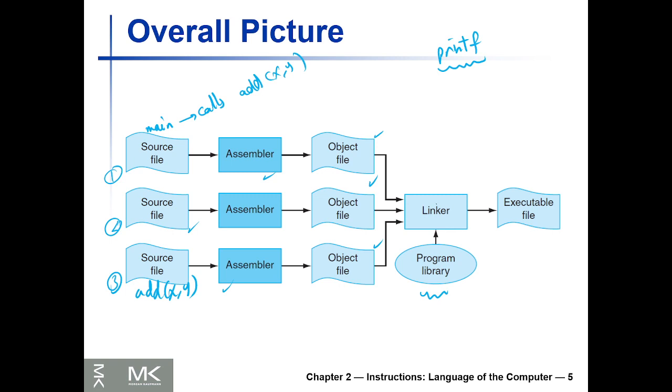So basically the linker will link these two together. Basically it will remove the call and replace this call by the actual definition of this function. And combine all these object files plus the libraries that you include like printf, into one executable file, one object file. But this is now fully resolved, and the computer can execute it easily.